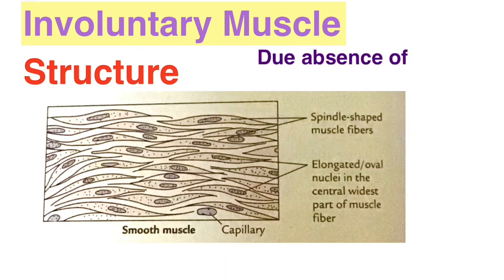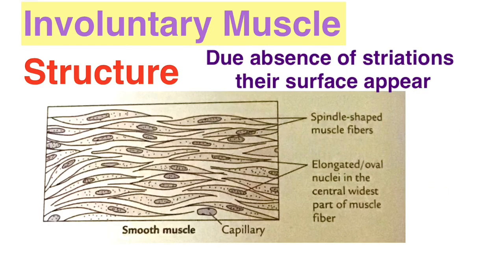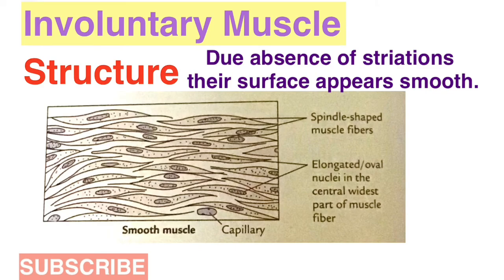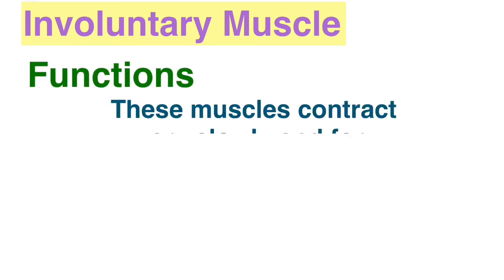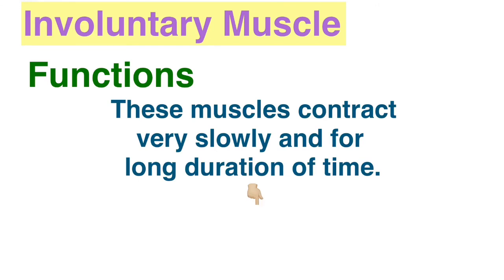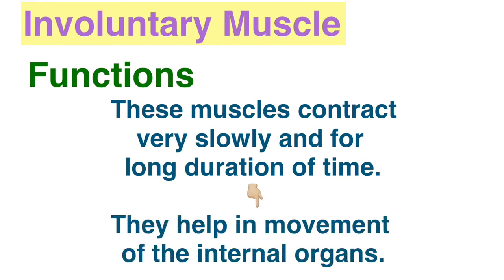Due to the absence of striations on the surface of these muscles, they appear smooth. So they are also named as smooth muscles. Function of the involuntary muscles. These muscles contract very slowly and for a long duration of time. They help in the movement of our internal organs.